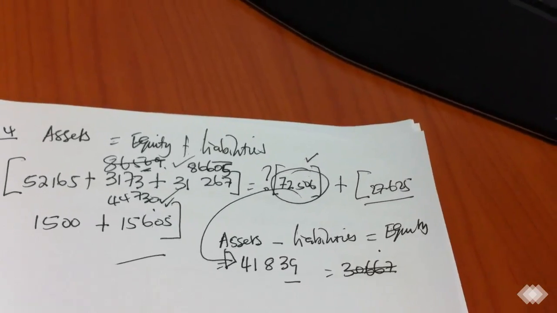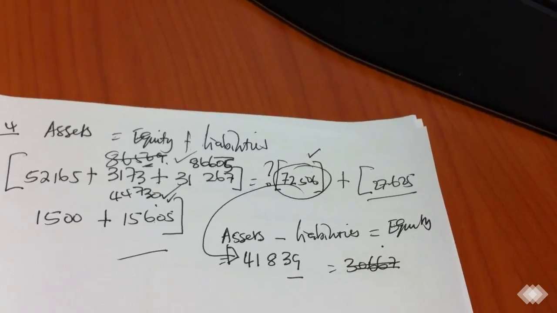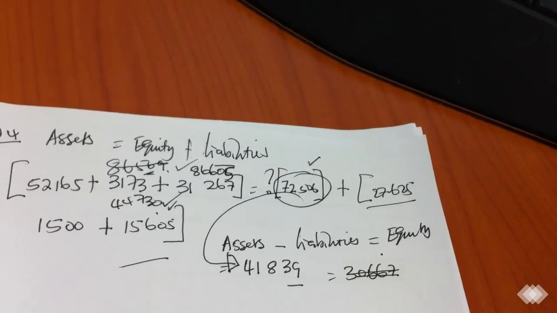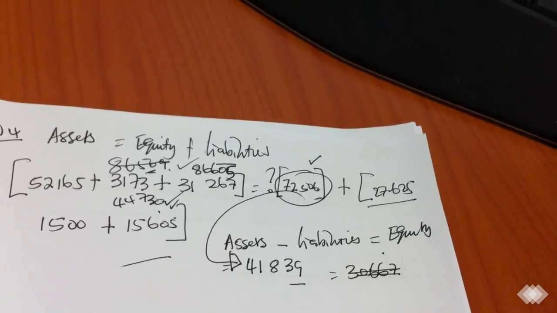Sorry, rather it's 86605 minus 44730 rather.